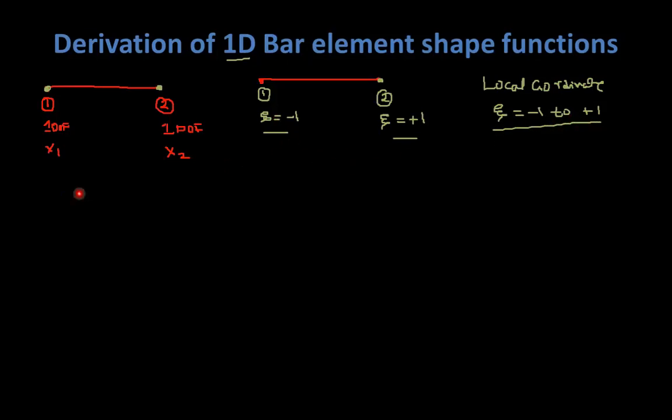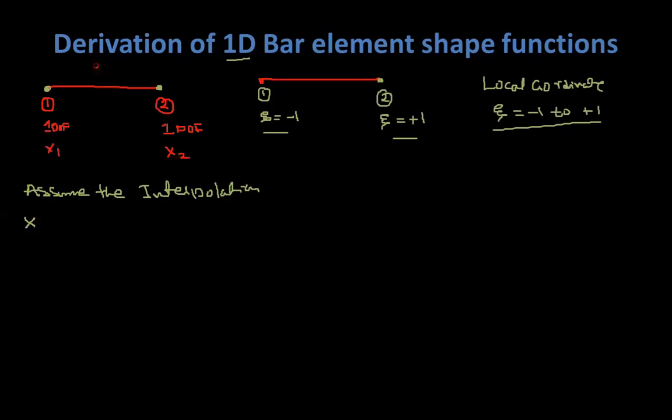Now I would like to assume an interpolation function for this one-dimensional element. So let us assume the interpolation function, where x is the variable from nodal number 1 to 2.